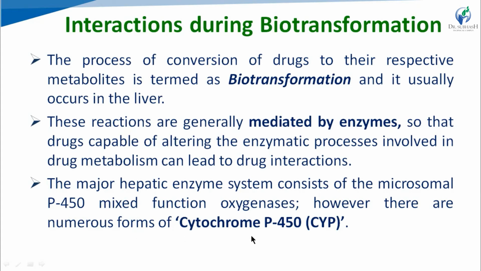There are numerous forms of cytochrome P450, also known as CYP. Out of the 20 to 200 different CYP cytochrome P450 human genes identified, there are some different families known as CYP1, CYP2, CYP3 and CYP4. This family is mainly involved in drug metabolism.